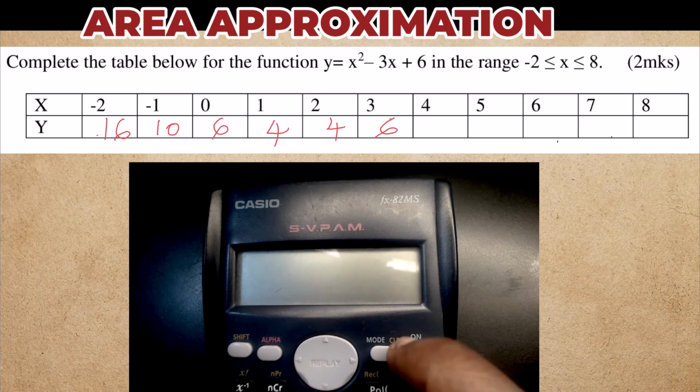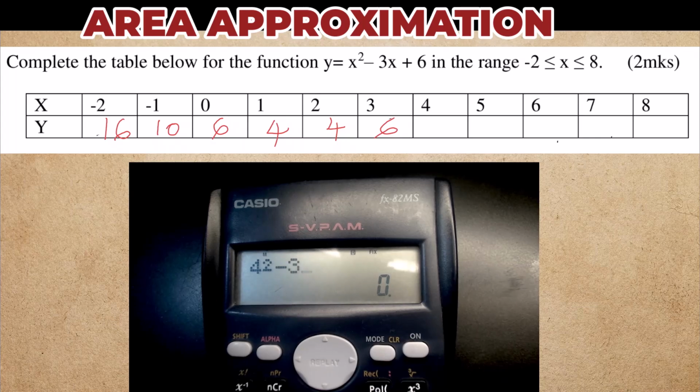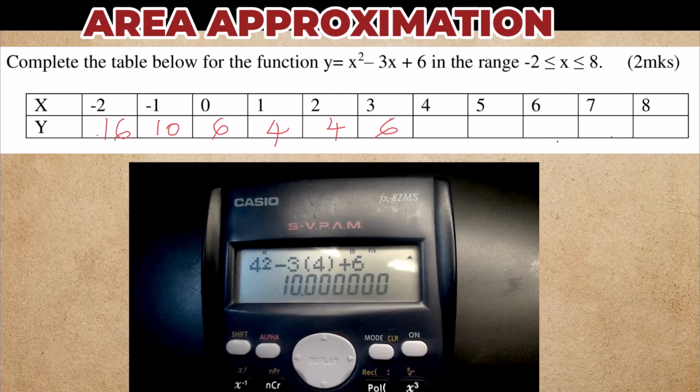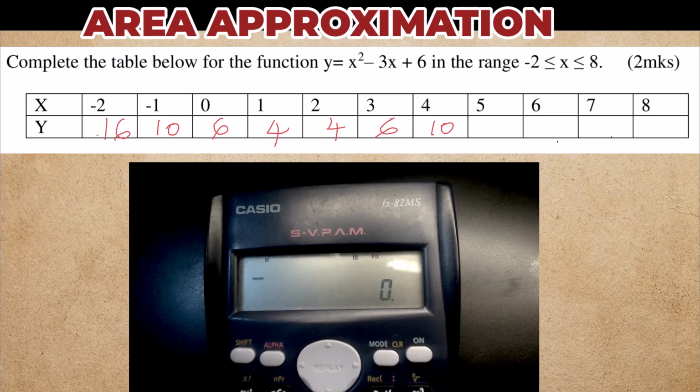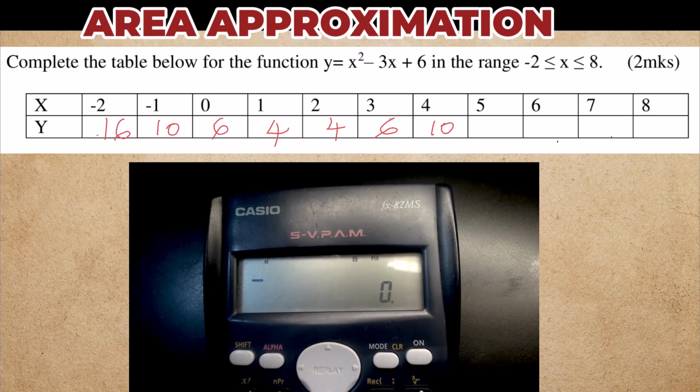Then when x is 4, you have 4 squared minus 3 multiplied by 4 plus 6. That will be 10. When x is 5, this will be 5 squared minus 3 multiplied by 5 plus 6, that will be 16.